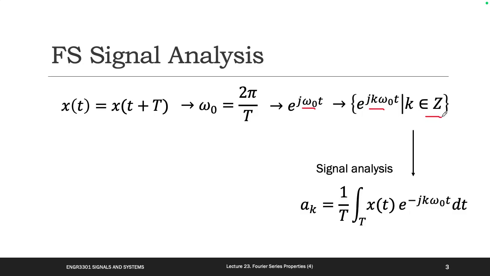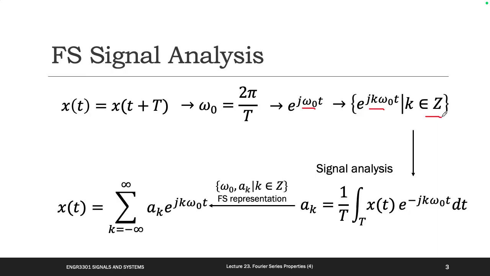Then if we know the signal analysis, or FS analysis, and we know a_k, what can we know? Actually, the signal. Am I right? The FS representation we can use. Because we know a_k, we can represent the original signal in the frequency domain. That makes sense to you? And this we call signal synthesis.